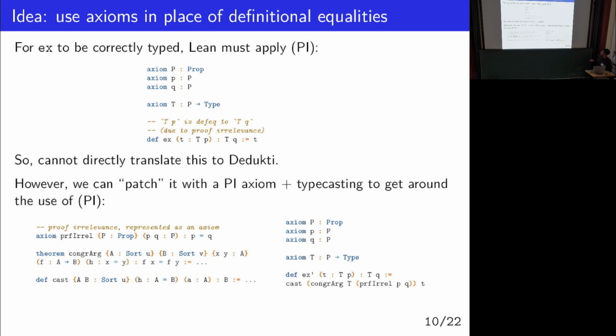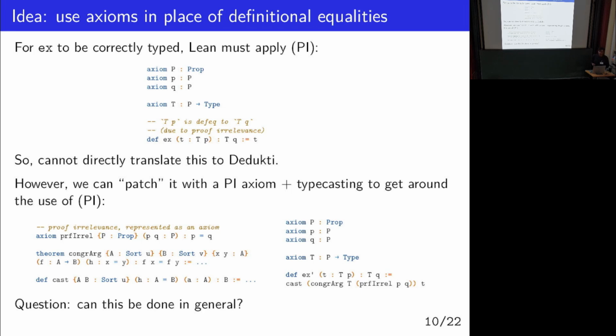And we also have casting, otherwise known as transport, which lets you, when you apply it to a term with some type A, if you have a proof that A is propositionally equal to type B, then that application of the cast will be typed under B. So we can use this to patch this expression T that we had over here with a cast, together with an equality proof of the fact that TP is equal to TQ using our proof relevance axiom.